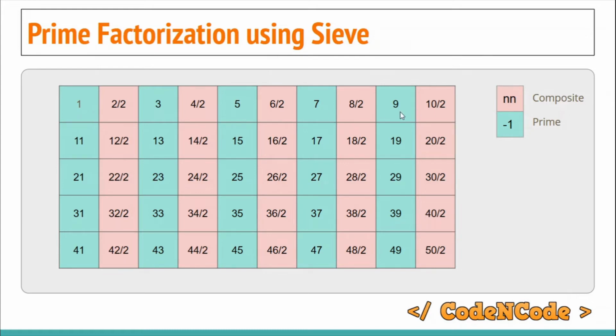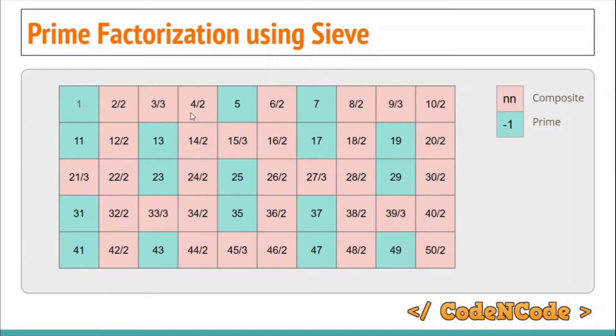We would go to 9 and replace -1 with 3, and so on. So starting from 3, we went to all multiples of 3 and replaced -1 by 3. If you see, 33 can be written as 11 into 3, so the minimum prime divisor of 33 is 3. That is why we have 3 here at index 33.